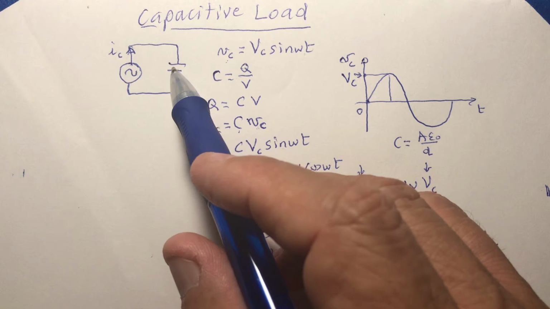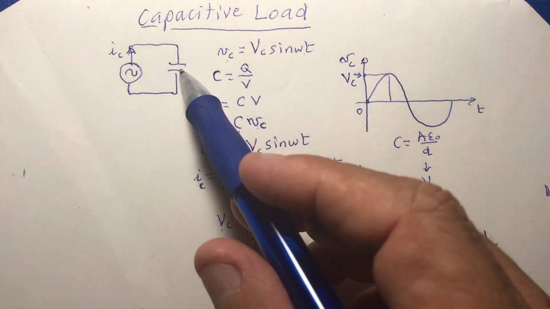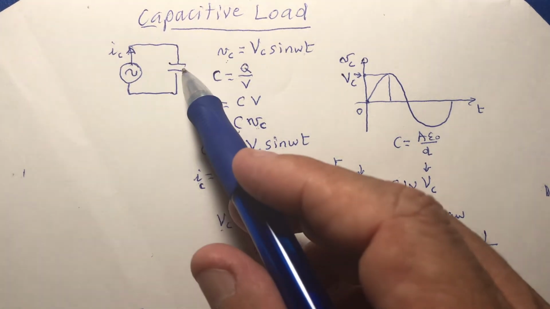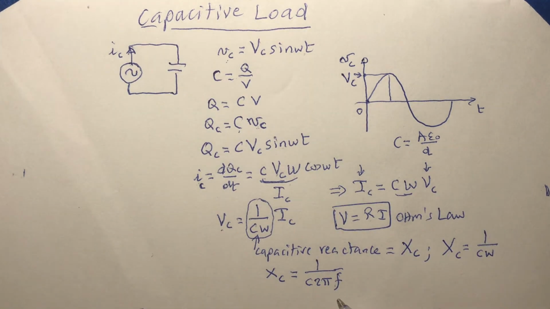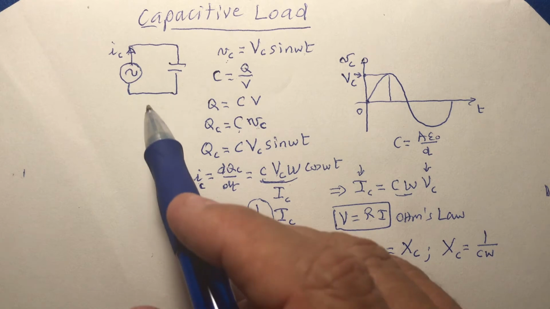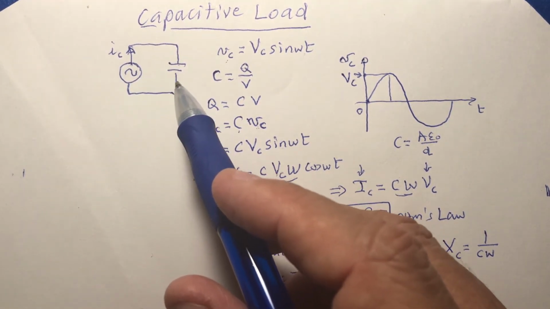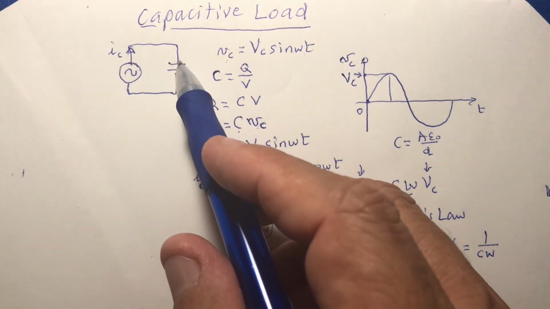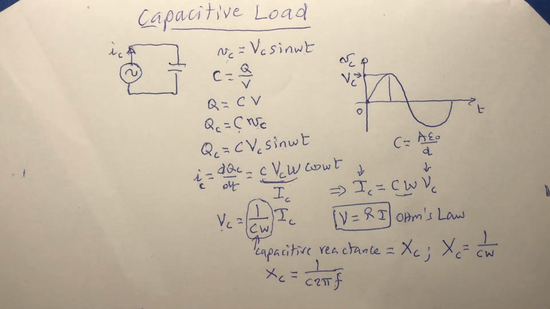When the reactance becomes 0, it means the resistance is 0, like a wire. Now, if the frequency is low, then you have a higher reactance. So if you go low frequency, the capacitor will react to that alternating current. But if you go very high frequency, it becomes like you don't have a capacitor, you just have a wire, like that.